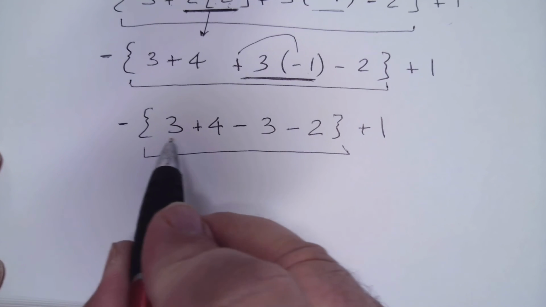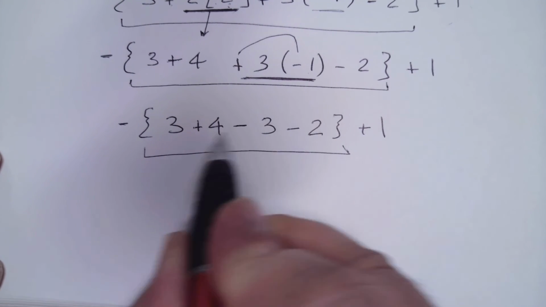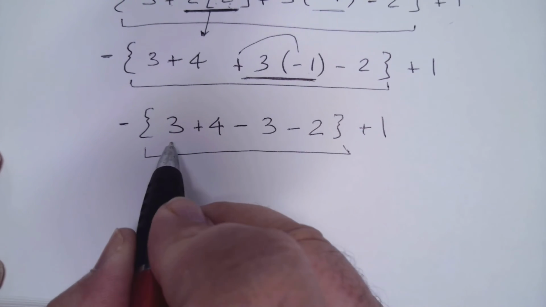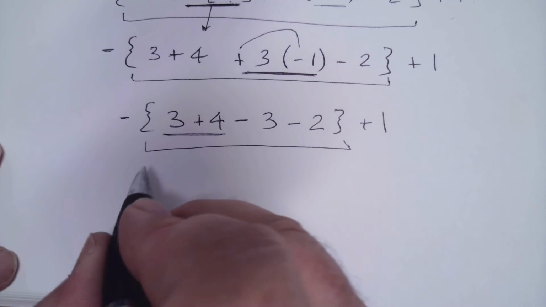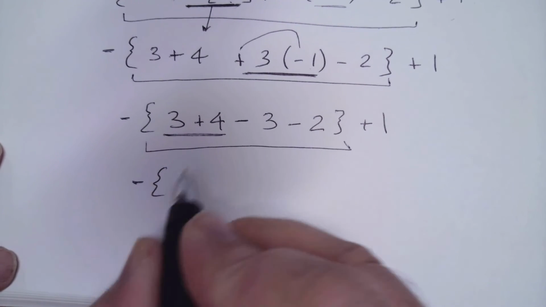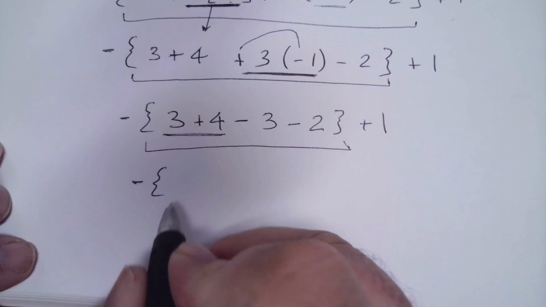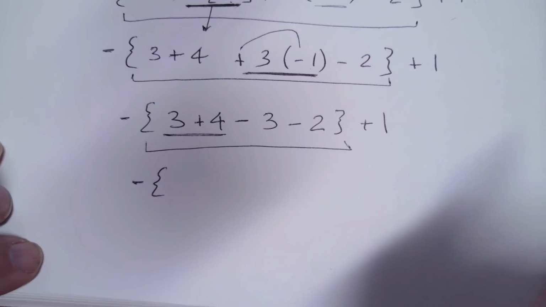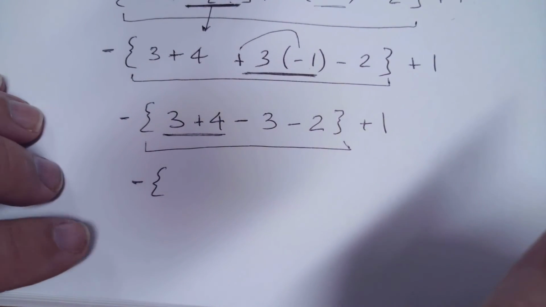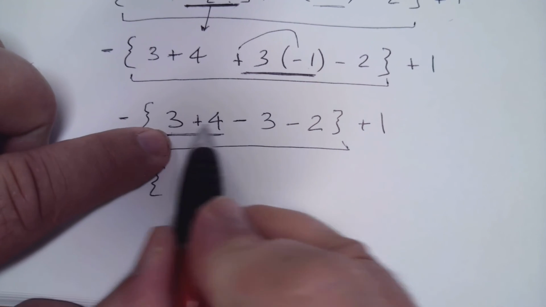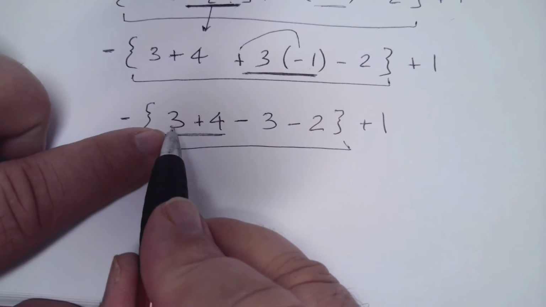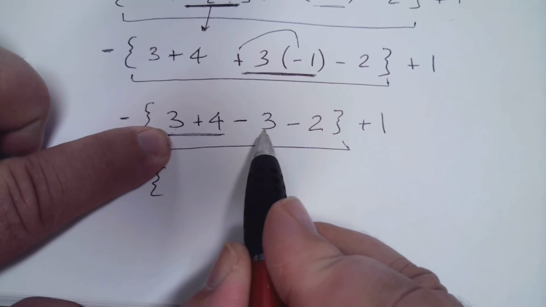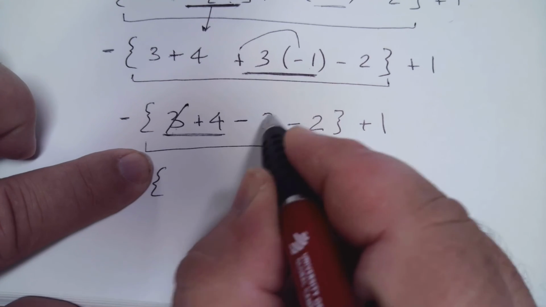Now inside this bracket, there's no special operations. There's no multiplication or division, so I read left to right. 3 plus 4 is... Actually, because of commutativity, instead of doing left to right, I can do 3 minus 3. What happens there? They cancel out, so I can just get rid of those.